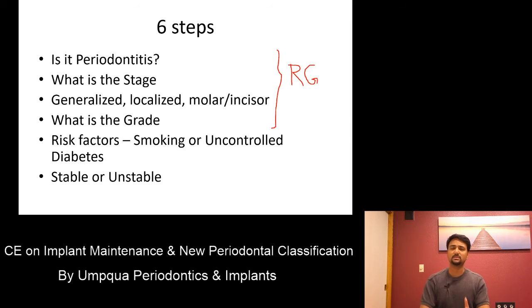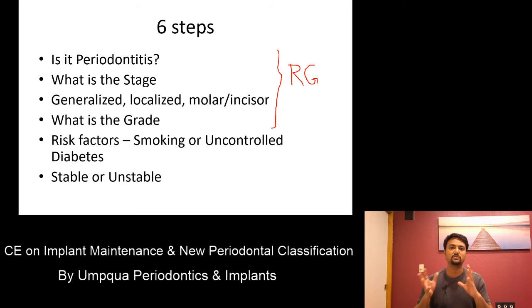The very first step is, is this a periodontitis case? Remember, we defined what this framework considers a periodontal patient. A patient who has bone loss on the distal of the second molar because of third molars is not a periodontal patient.